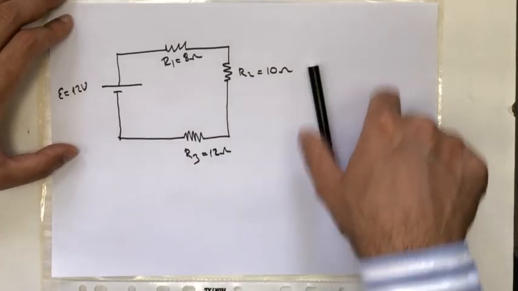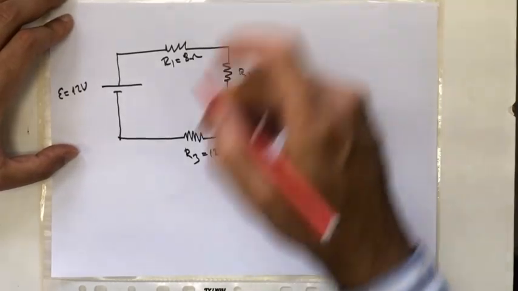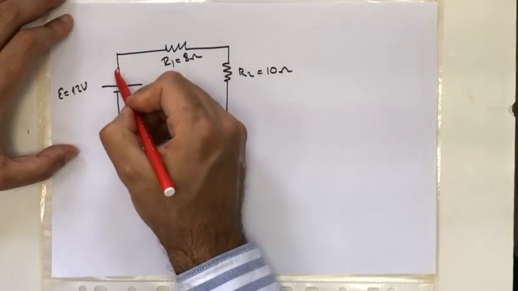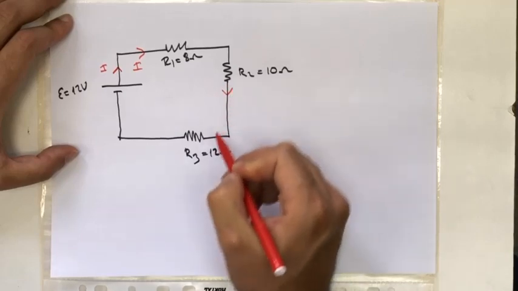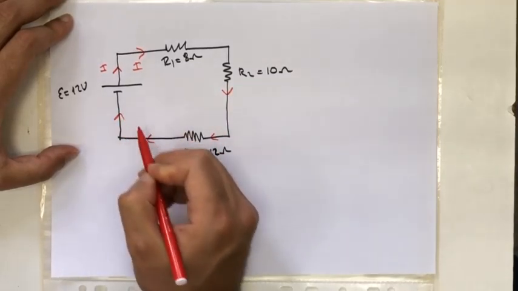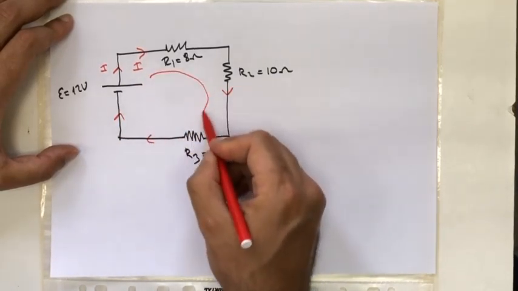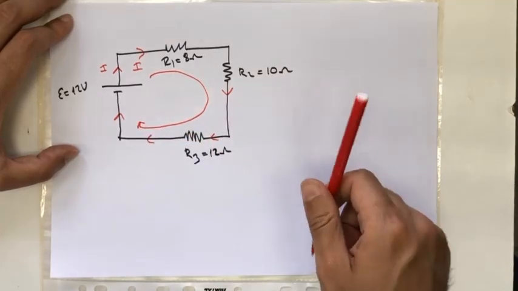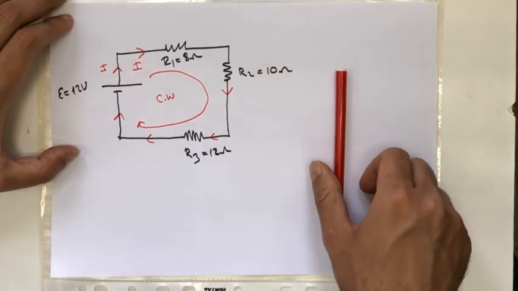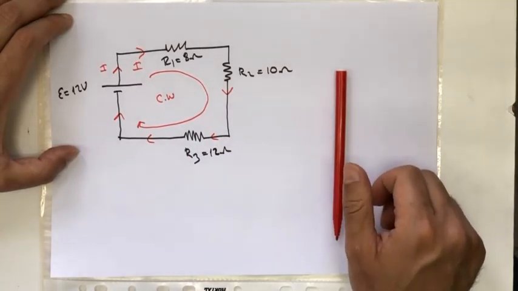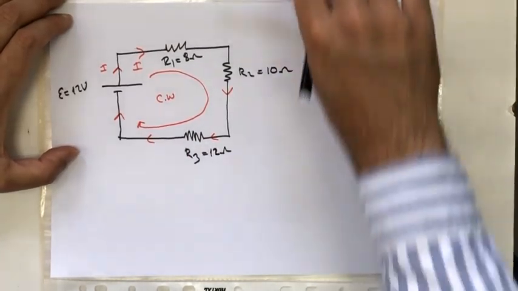Now, the current is going to leave the positive terminal of the battery. Let's take the direction of current as clockwise, so it's going to be flowing in this direction.